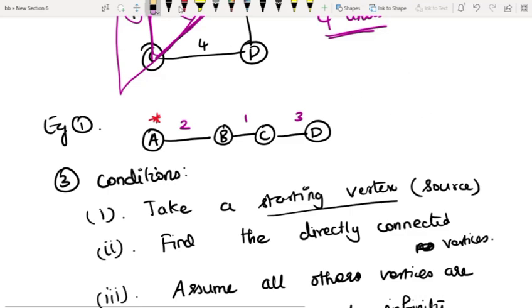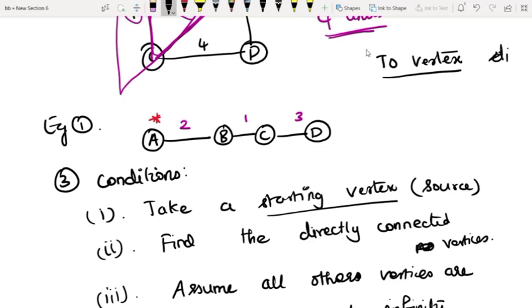I hope this is clear. If I find from A to D, then D is going to be my two vertex, to where I am finding. And the distance is the second column.